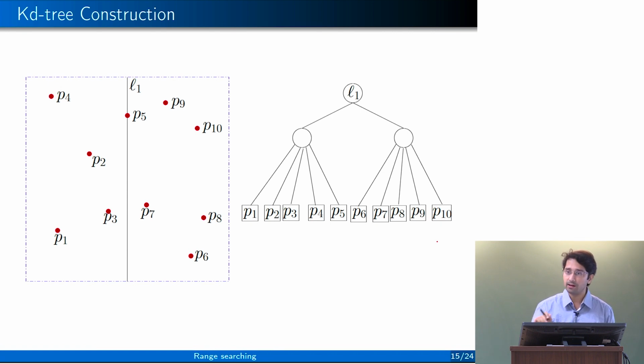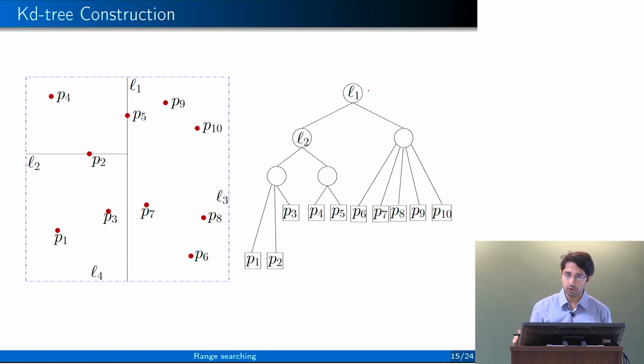L1 is the median x coordinate of all the points given, and this node represents the whole rectangle. This is some arbitrary rectangle that I have drawn, which encloses all the points. Then I will find the median y coordinate of the points on the left side. This is L2.